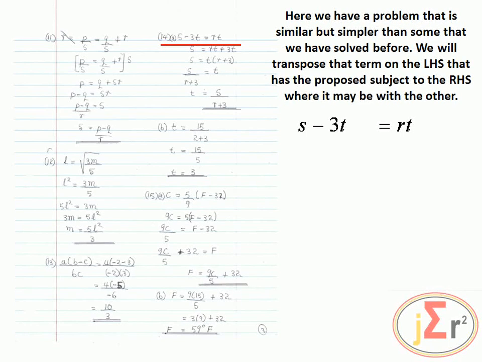in mathematics, there are 3 things that you do not introduce if they are not necessary: unnecessary negative signs, unnecessary brackets, and unnecessary fractions.